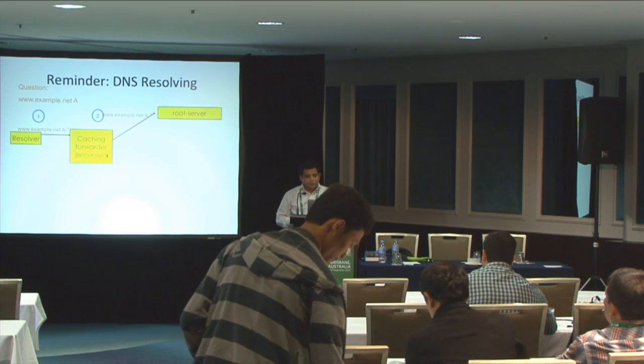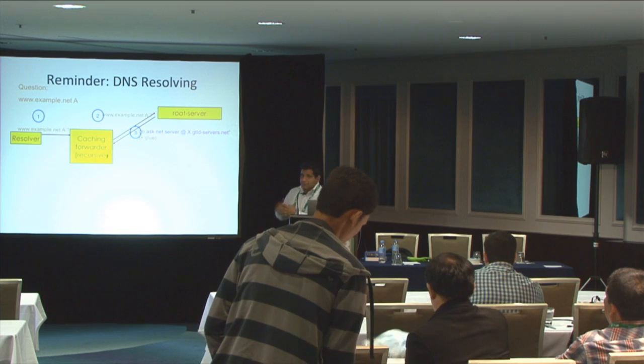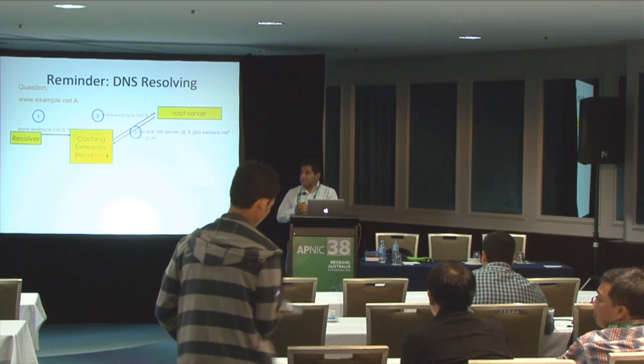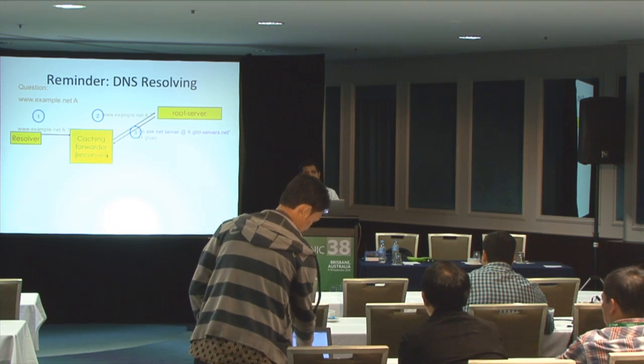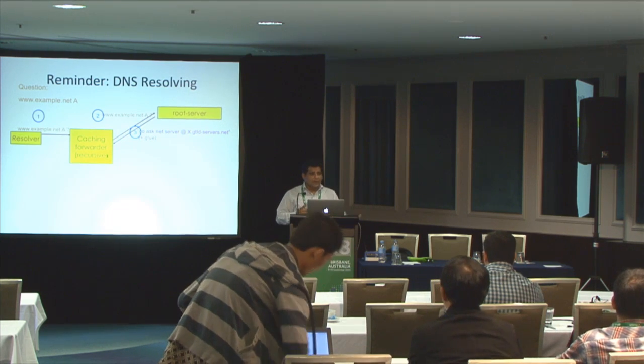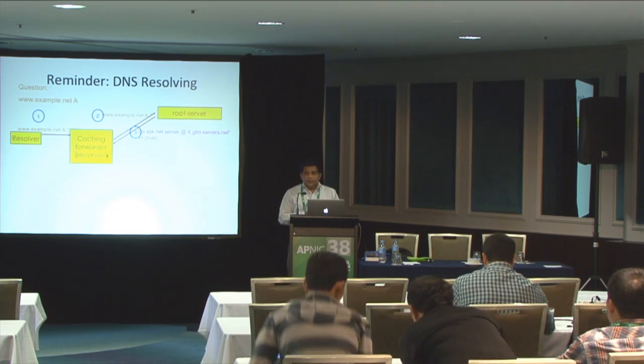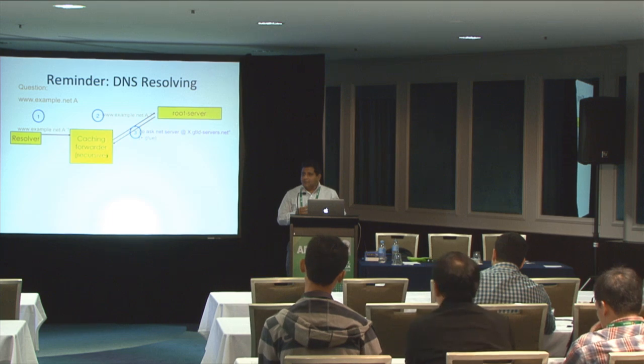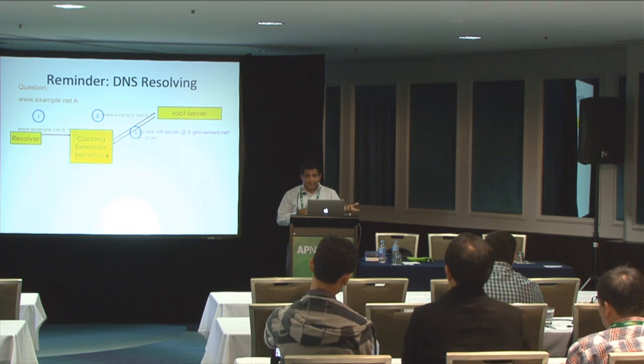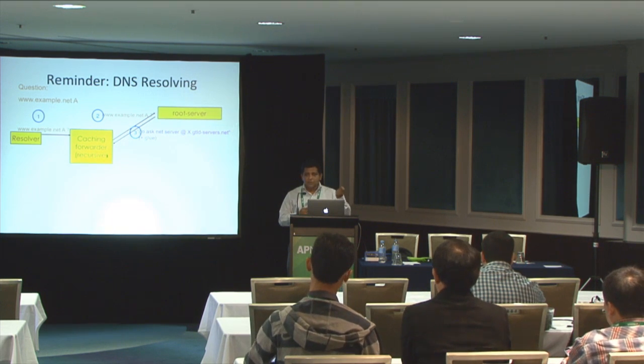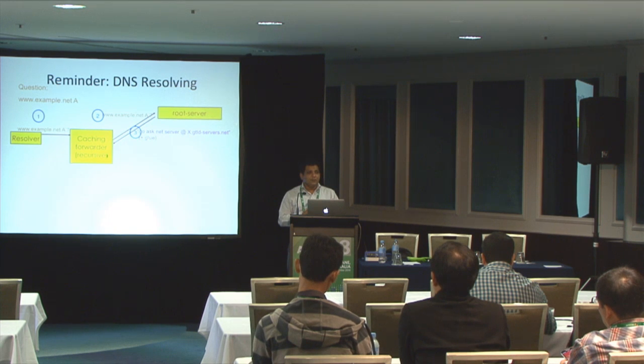So the query goes to the root name servers, and as I said earlier, the root name servers have these delegations to .coms and .nets and so on. Now, since our question is about example.net, we need to find the IP address of www.example.net.